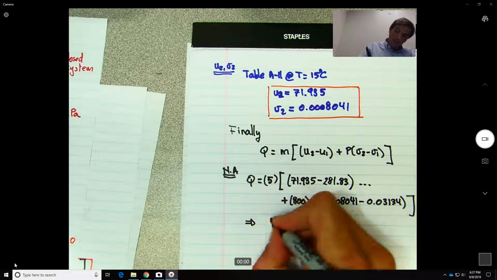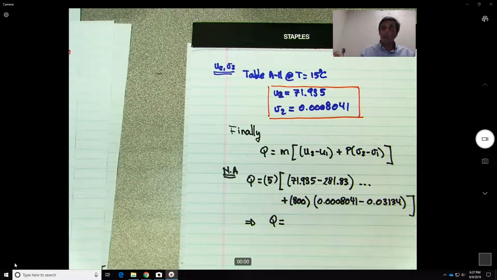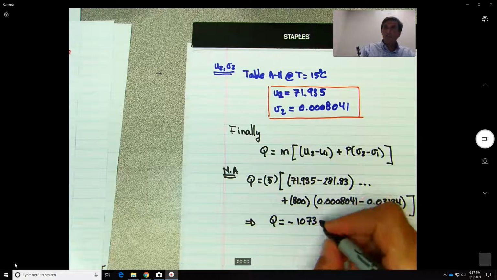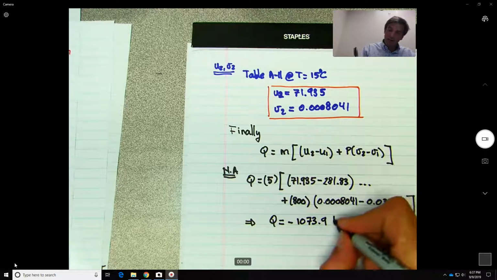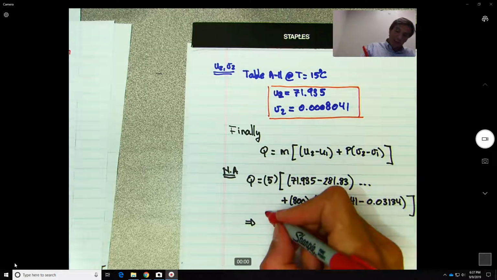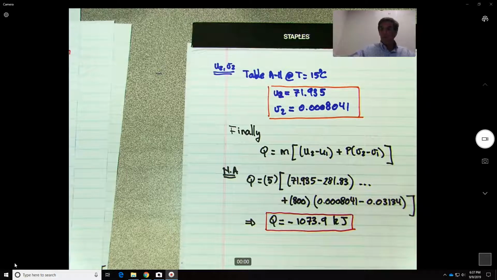And once you plug all those numbers into your calculator, you get negative 1073.9 kilojoules. So you see that it's not identical to what we did before, but it's not that off either.